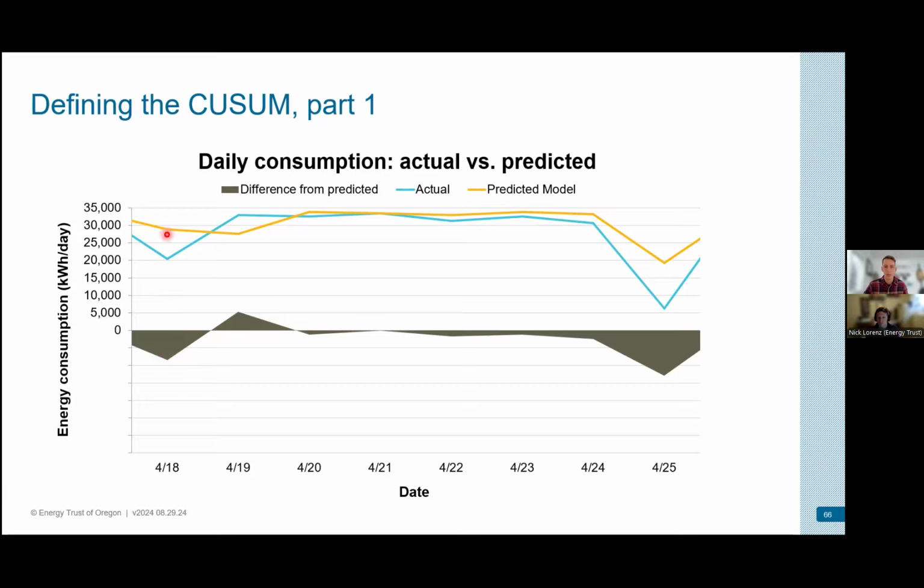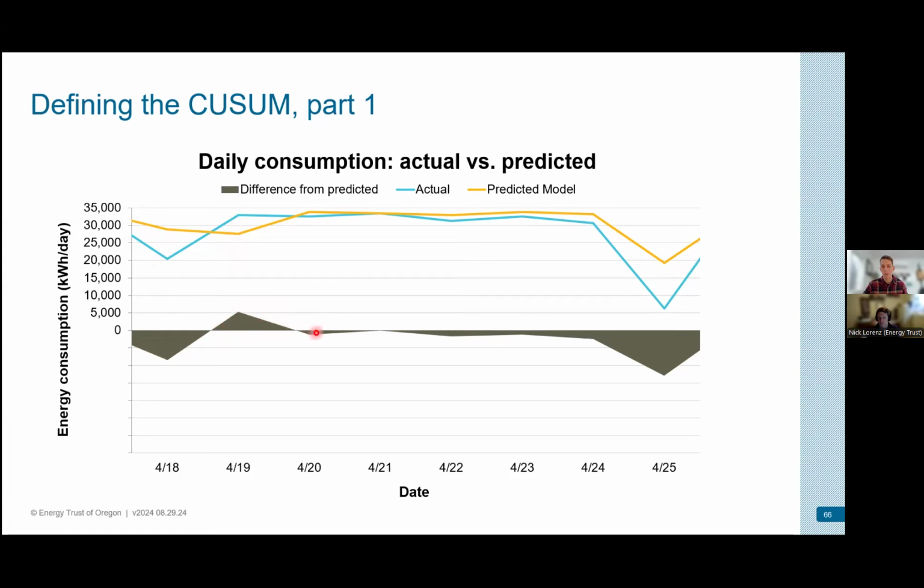All that this is, is the difference between the actual and the predicted. So we can see on this first day, the predicted was a bit higher than the actual, right? They were saving energy. And that's why this is below the zero line. This reflects the daily savings amount. On this next day, the actual was higher than the predicted, so this is above the zero line. In this case, this represents poor energy performance, which we often call backsliding.